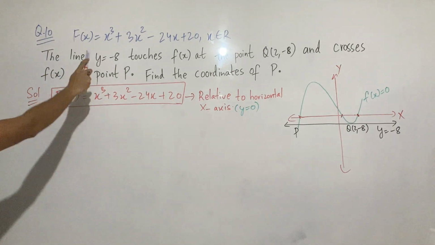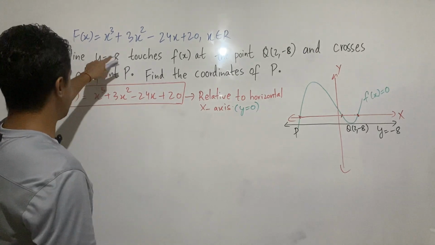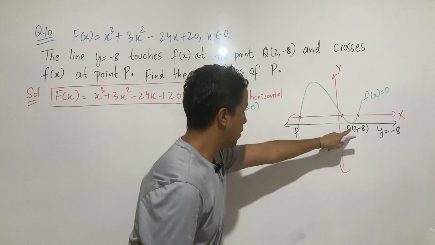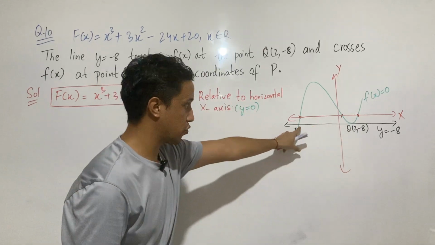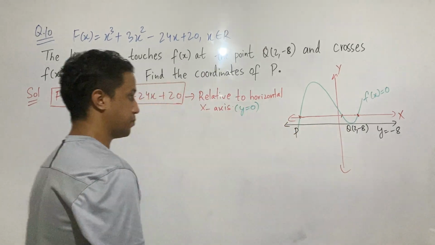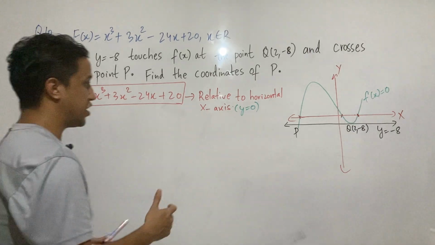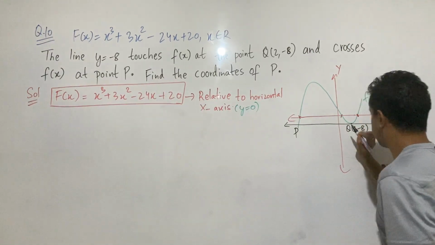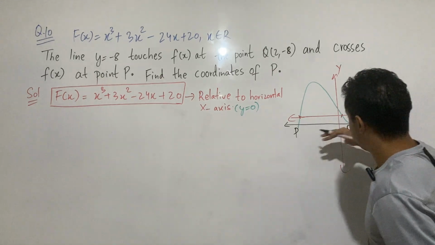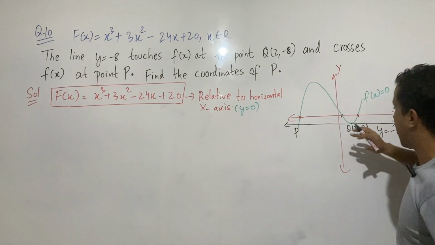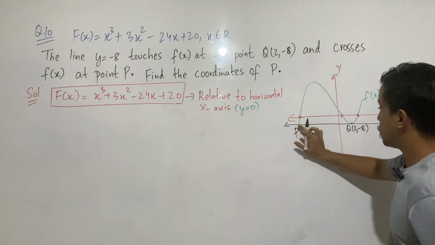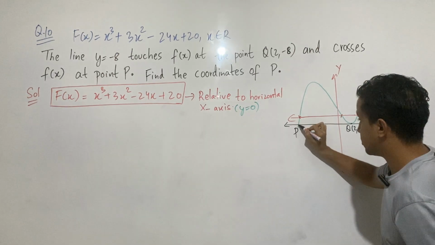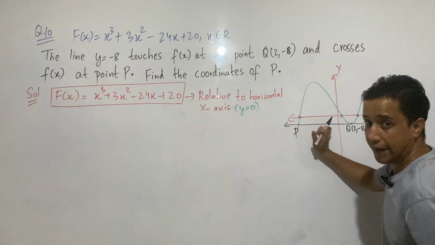Now it says that the line y equals -8 touches f(x) at point Q, and it just crosses the line at point P. Here it's just touching the black line, and here the curve is just crossing the black line.